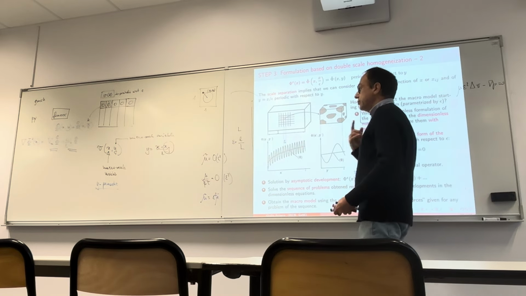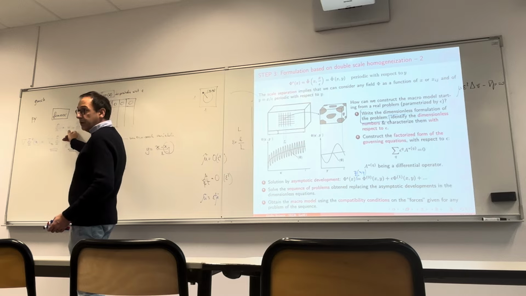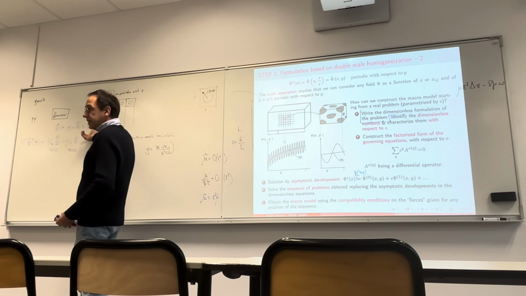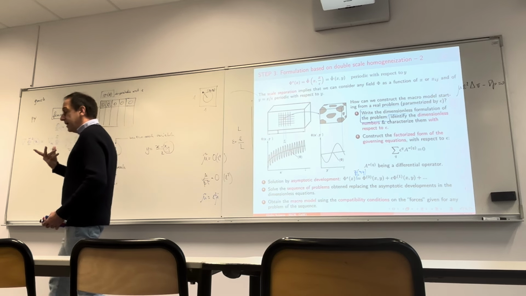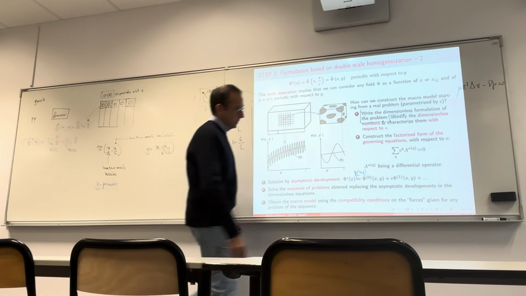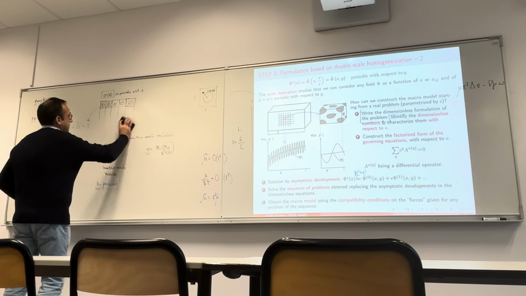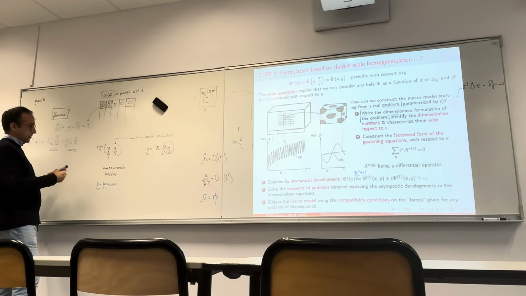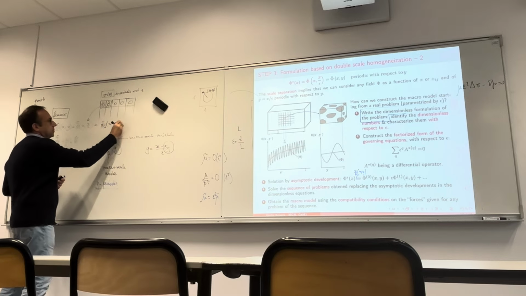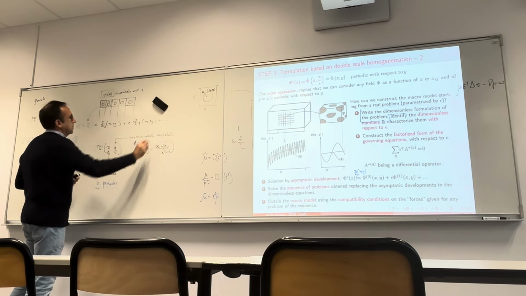So we are not just introducing this form of the solution, but we are considering what is called an asymptotic expansion of it. So the main point is that we assume that the solution will be expanded in that way. Okay? So phi naught of x and y plus epsilon phi1 of x and y, and so on.